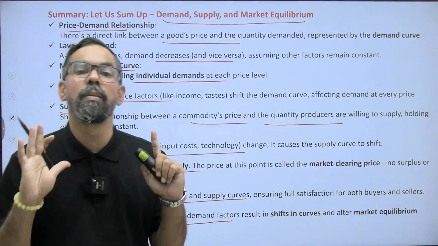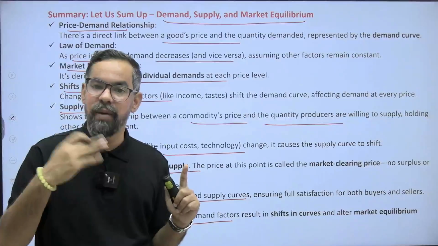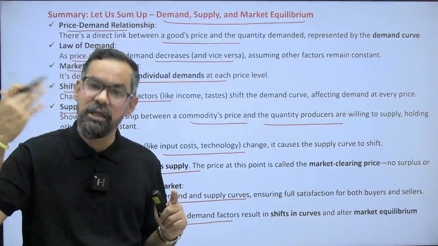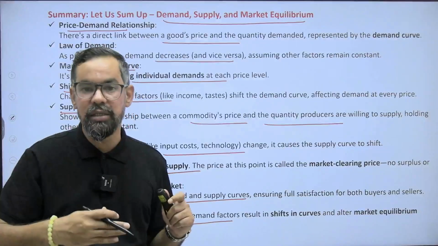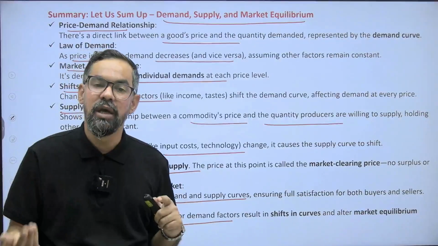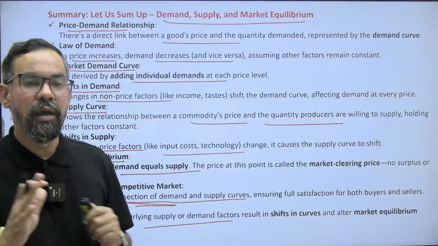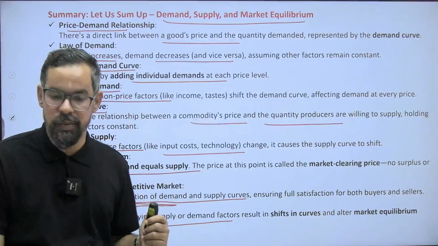That is called market factors. If demand is increasing or supply is decreasing, obviously the prices will go up. If demand is decreasing, prices will come down. That is the logic behind this particular one, right?